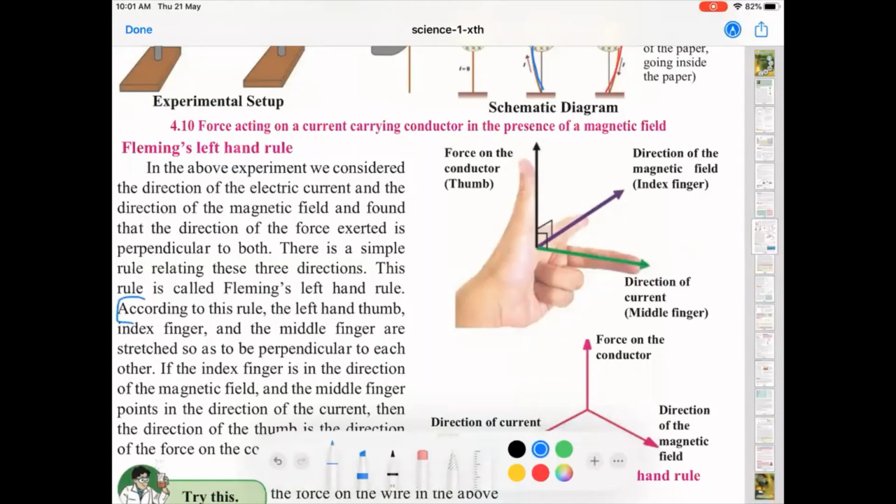According to Fleming's left hand rule, the left hand thumb, the index finger and the middle finger are stretched so as to be perpendicular to each other. You have to remember, first comes the index finger, then the middle finger, and then the force: IMF.